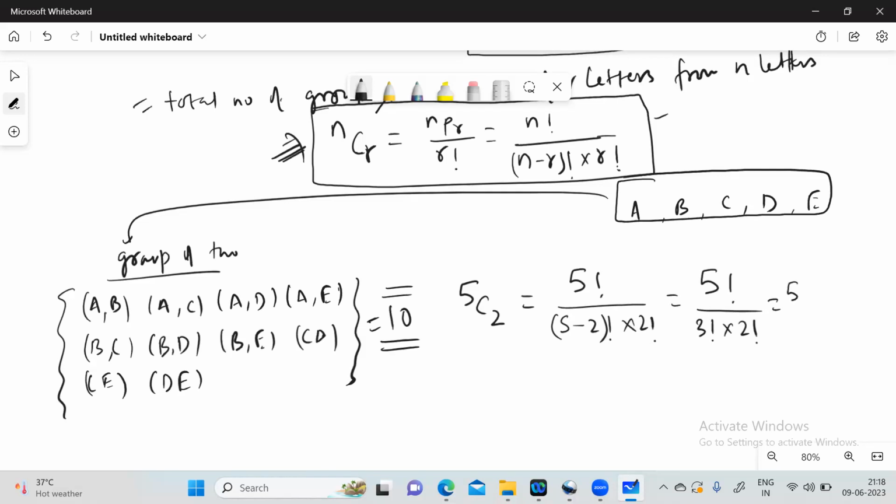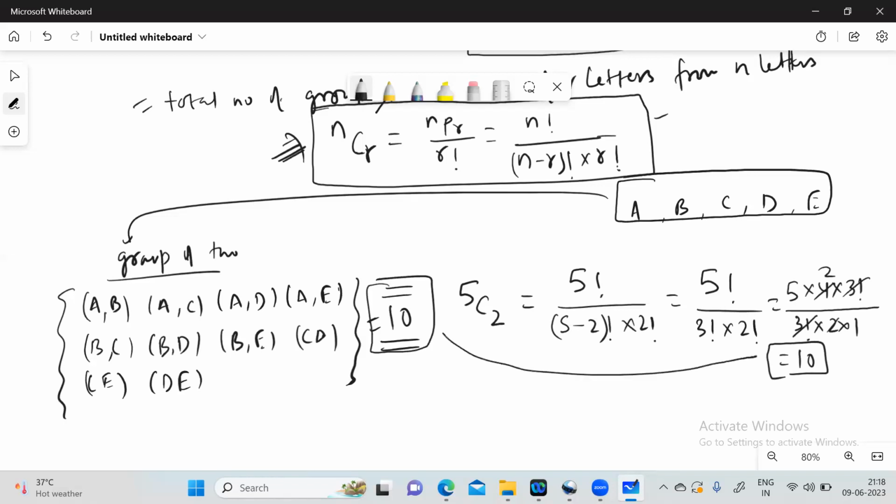If you want to calculate, it is 5 into 4 into 3 factorial, I'll leave this 3 factorial here because there is already a 3 factorial in the denominator, into 2 into 1. This cancels. What value am I getting? 10.